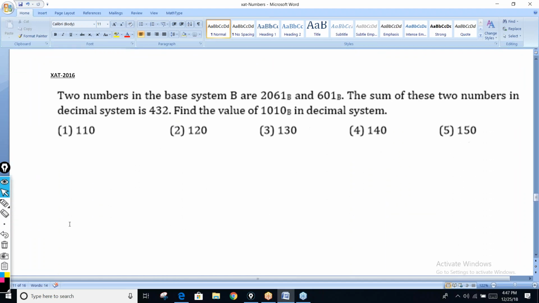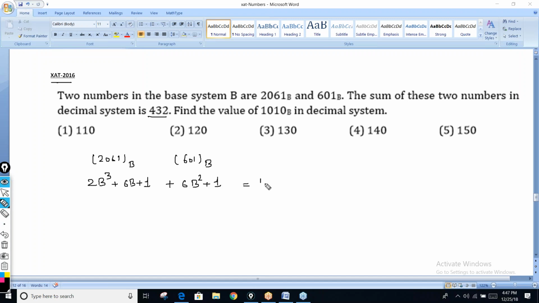Again a base system. As you can see, there are plenty of questions which are based on base systems. Two numbers, 2061 in base b, and 601 also in base b. The sum of these two numbers in the decimal system is 432. If you simplify, the first comes out to be 2b cube plus 6b plus 1, and the second comes out to be 6b square plus 1.